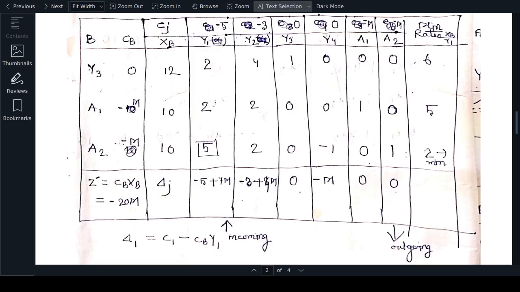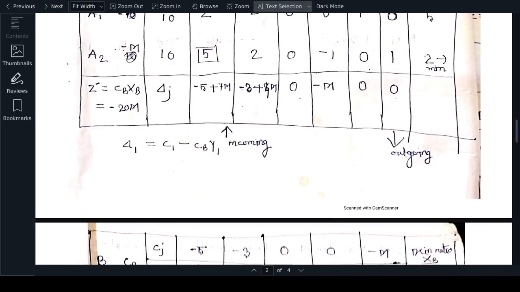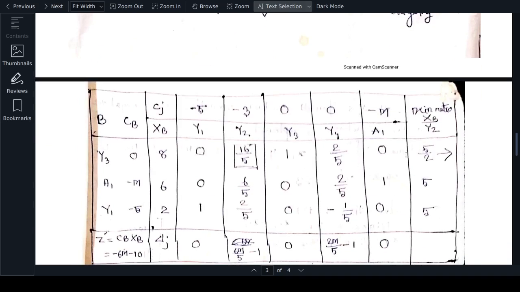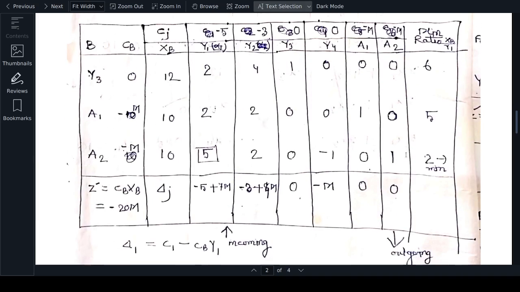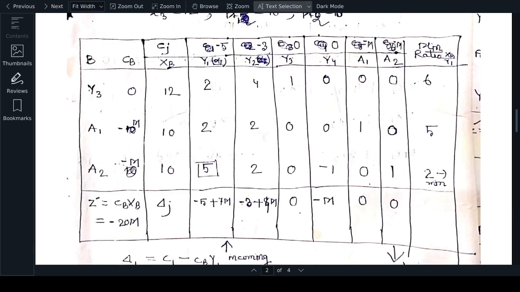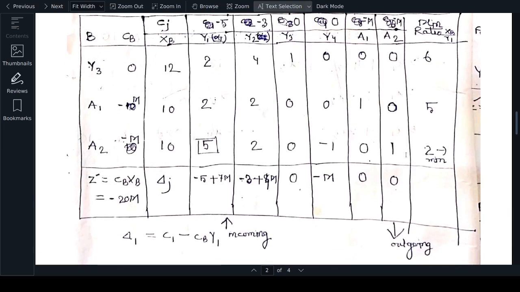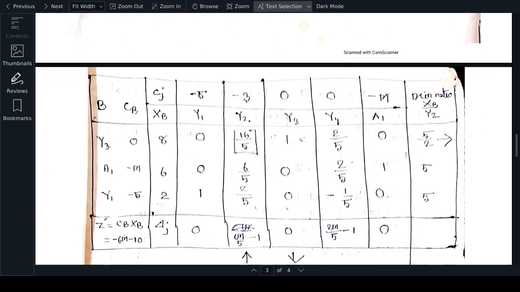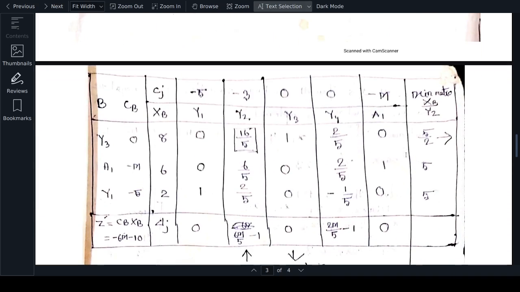So this is actually the procedure for solving the Big M method. When we write the procedure, then you will get this line. So for the second table, same as the earlier procedure, how to find the new element: new element equals old element minus the intersection of key row and key column divided by the pivot element. So you will see the second table calculation.